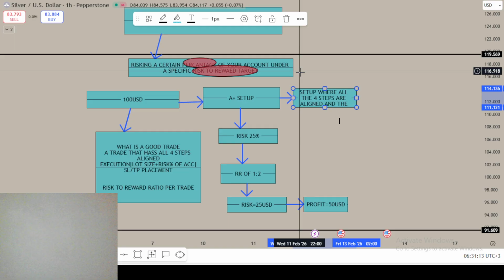Don't worry. That is an A plus setup, and I risk 25%.